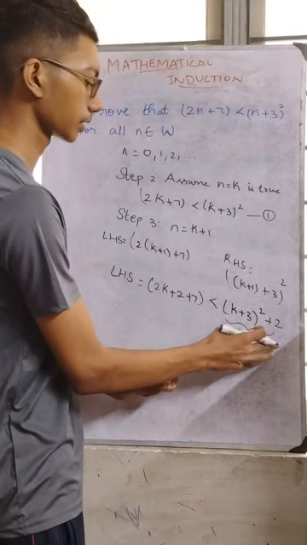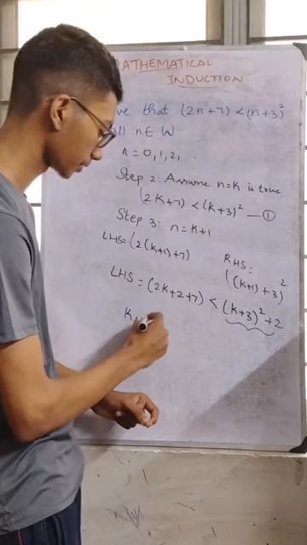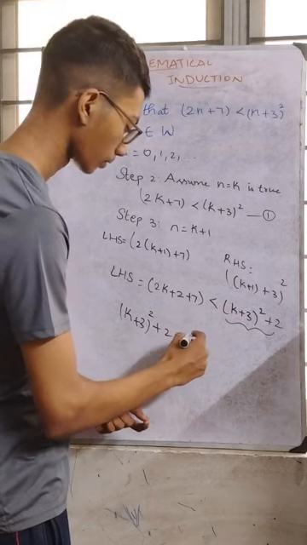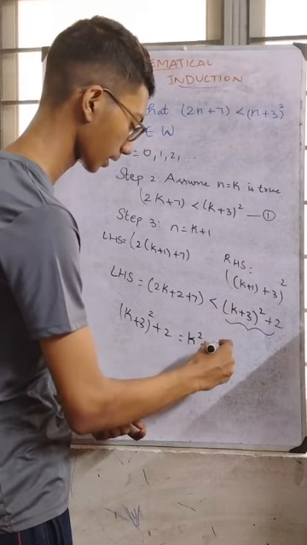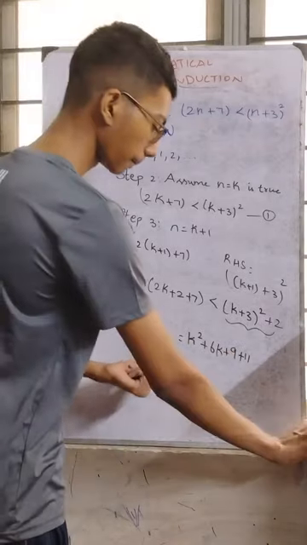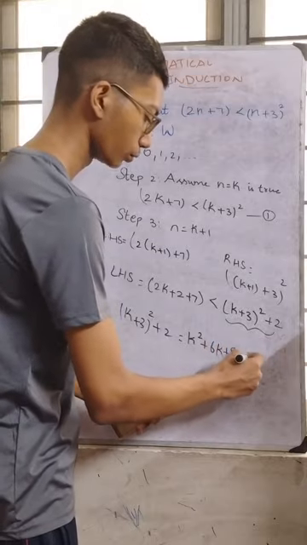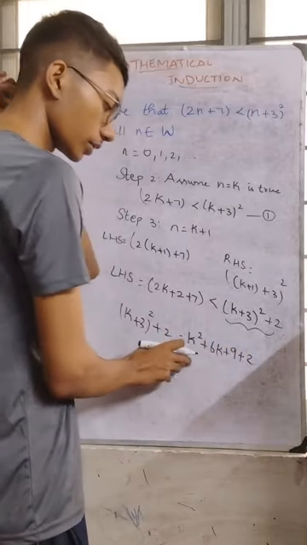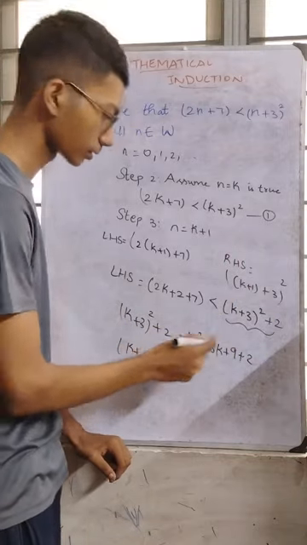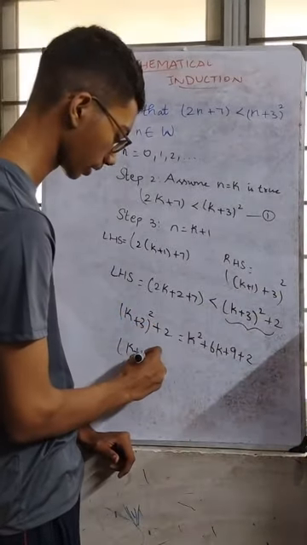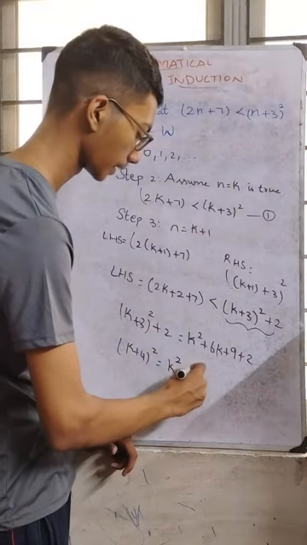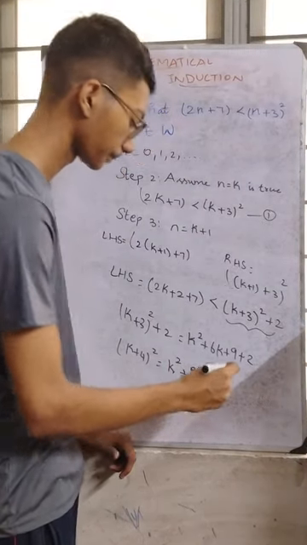So let's take this expression, (k plus 3) the whole square plus 2. Distribute this: k square plus 6k plus 9 plus 2, which is 11. Now (k plus 1 plus 3) we can write as (k plus 4) the whole square, which will be k square plus 8k plus 16.